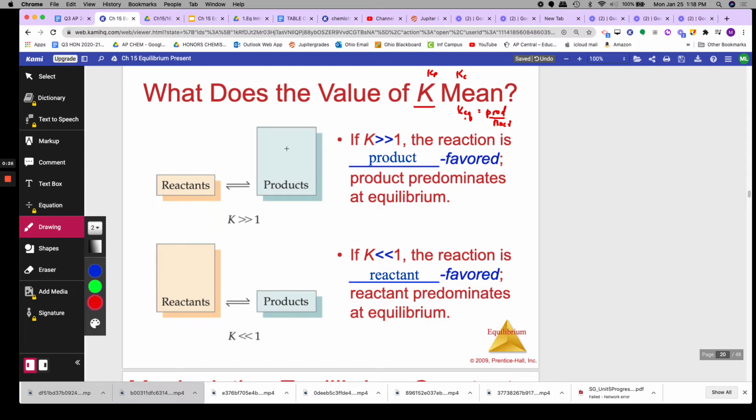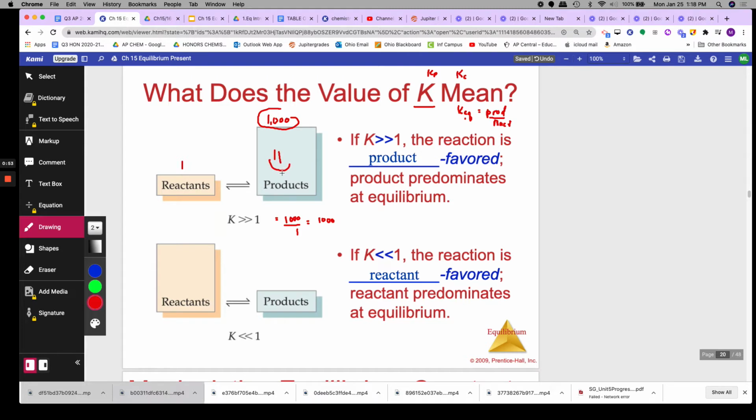When the reaction's all done and you have reached equilibrium, let's say you have one of these and you made 1,000 molecules of the products. The ratio is going to be really big. The ratio is equal to products over reactants, which is equal to 1,000 over 1. So what that means is that your K will be really big, it's 1,000. So what that means is that you made a lot of products.